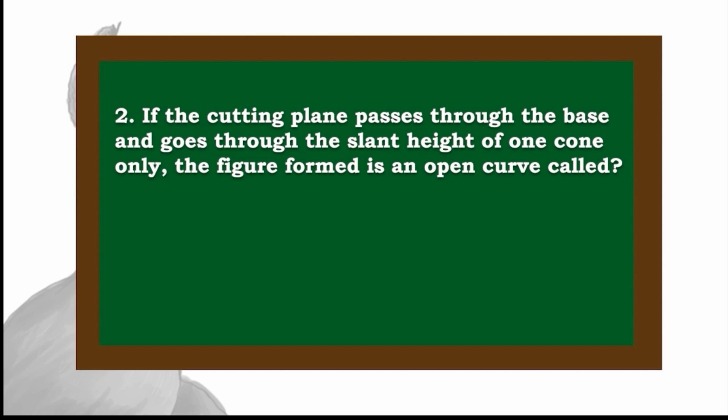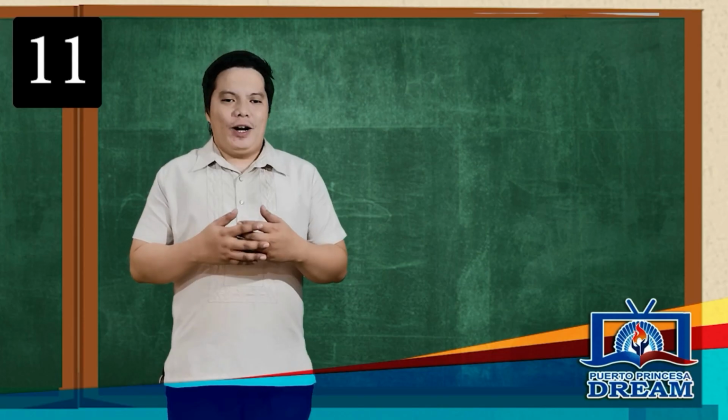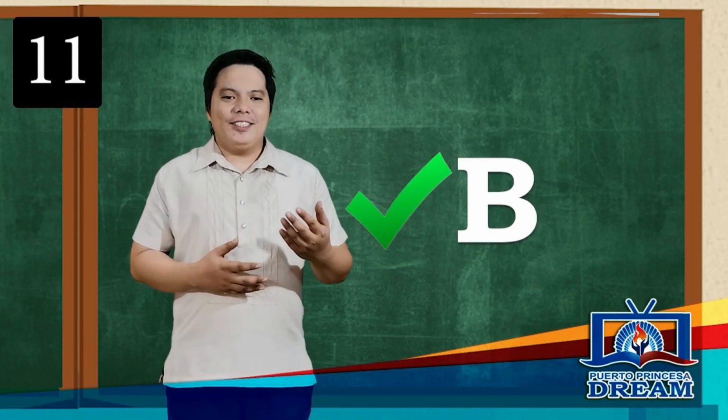If the cutting plane passes through the base and goes through the slant height of one cone only, the figure formed is an open curve called A. Circle, B. Parabola, C. Ellipse, D. Hyperbola. If your answer is letter B, that is correct.